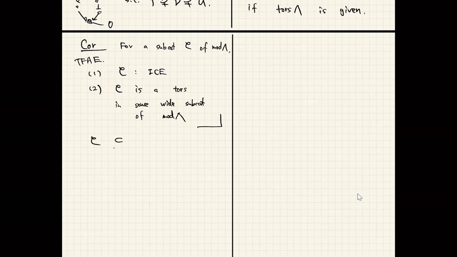So C is a torsion class of a wide subcategory of mod Λ. So this corollary can be regarded as a composition: first take wide subcategories and then take torsion classes, then we obtain ICE-closed subcategories.